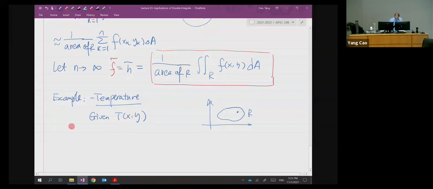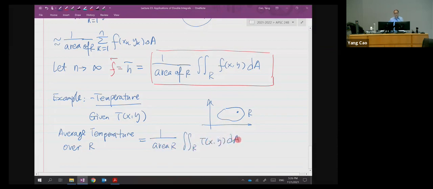So a question you can calculate is, what is the average temperature over this thin plate R? You use that formula here. If you have the temperature distribution T, all you need is to integrate it over this region R, divided by its area, and then you get the average temperature over the region R. And that's application.